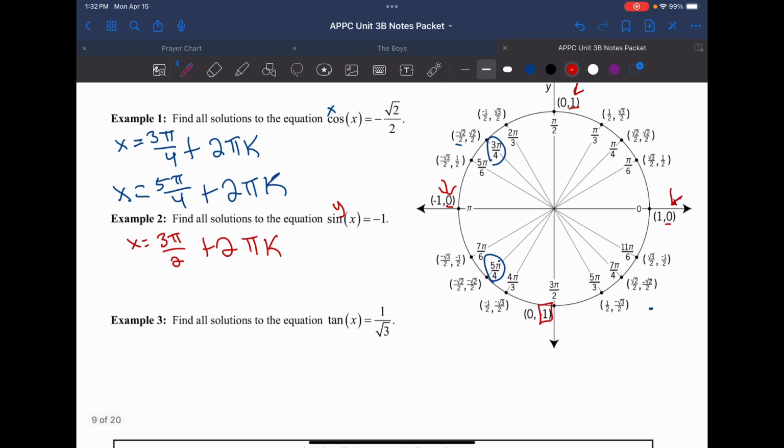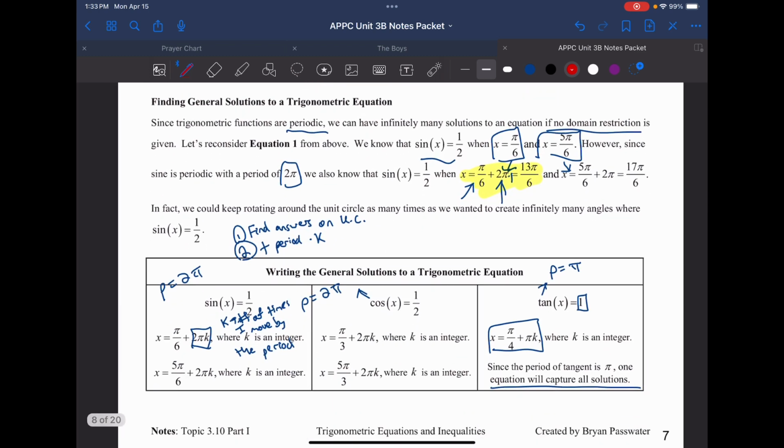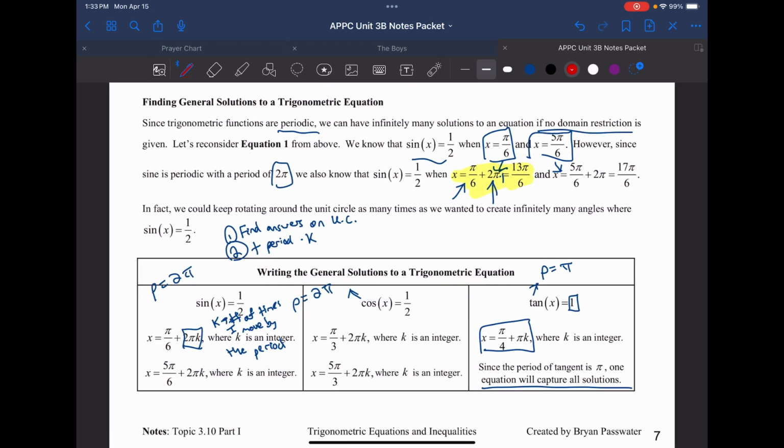And then here, you're looking for all solutions to the equation where tan is equal to 1 over the square root of 3. When you're doing tan, what I would say is find the smallest theta where this happens, because remember, if I go back to my note here, I only have to write one equation because the period is pi.